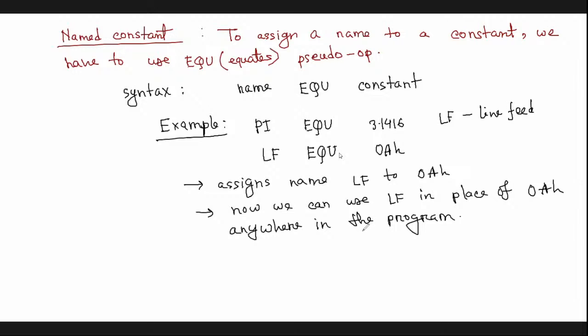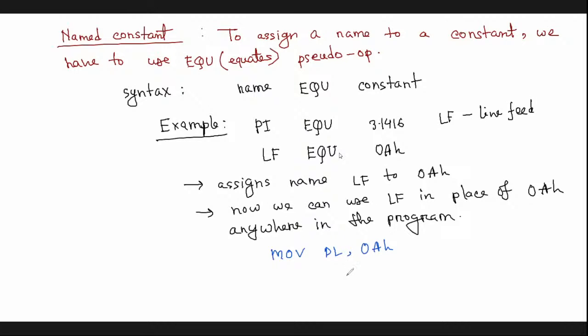So what does that mean actually? Suppose you write a program normally like this: mov DL, 0Ah. You know DL is the low byte of register DX, and 0A hex is the number.